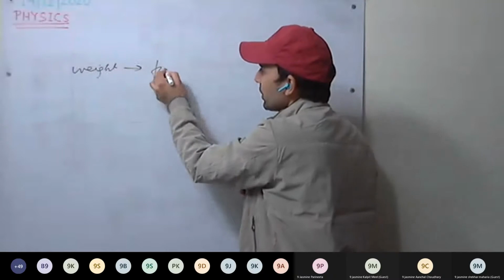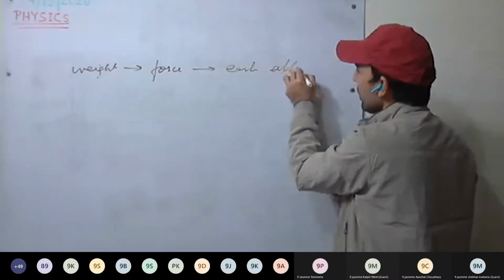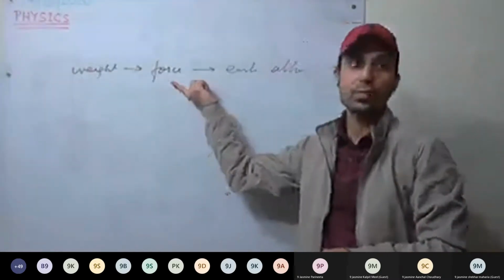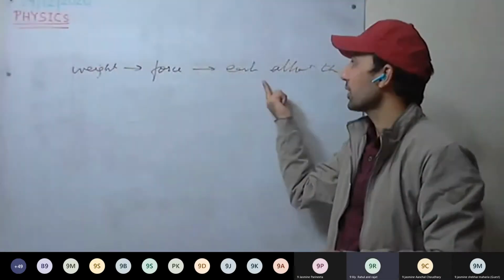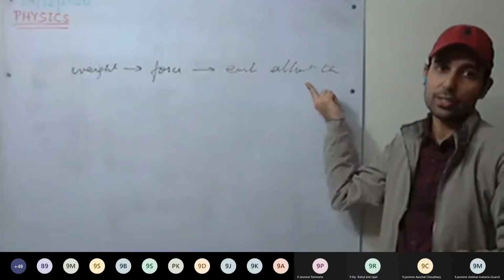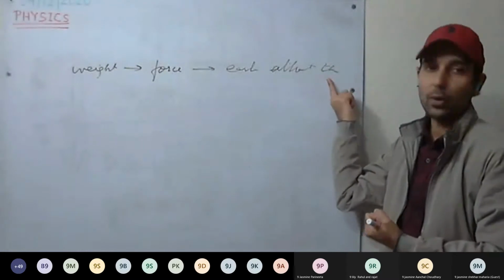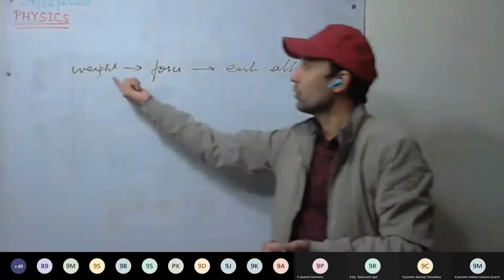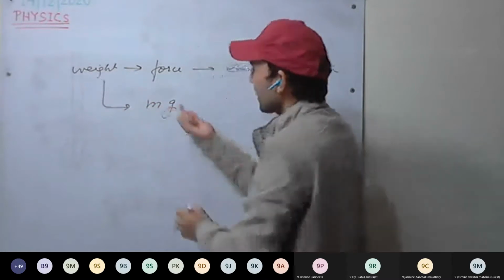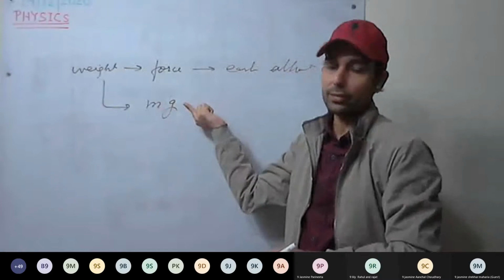Weight is the force exerted by the earth on our body, or the force with which the earth pulls the body towards it. That is the weight. So weight is mass into acceleration due to gravity.